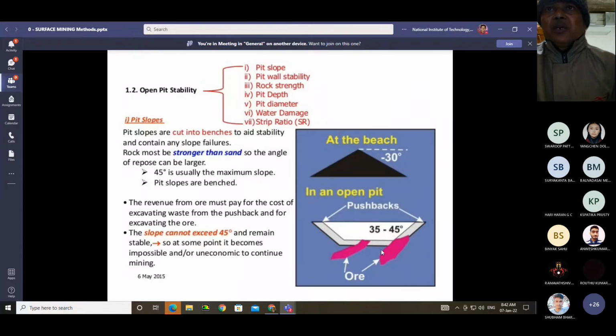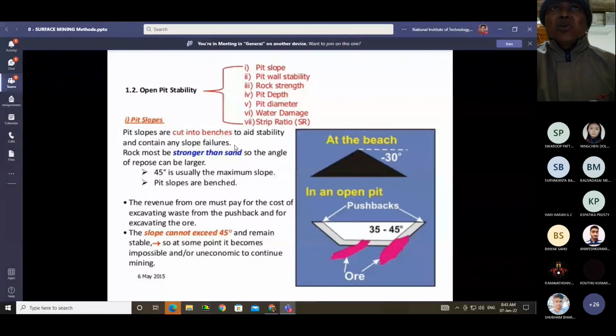So here at the bottom in an open pit mine, these are called the pushbacks, 35° to 45° pushbacks. The pink color areas are the ores. Pit slopes are cut into benches to aid stability and contain any slope failures.